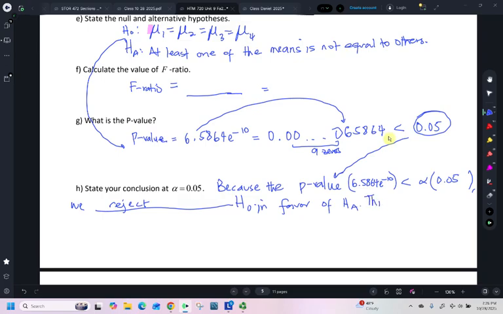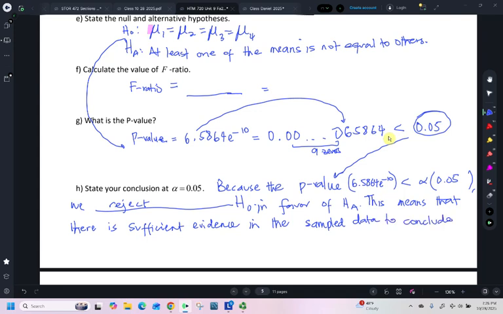That means there is sufficient evidence in the sample data to conclude on the alternative that at least one mean differs from the others.